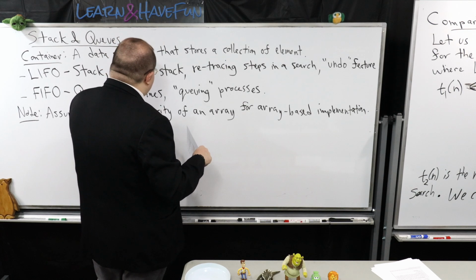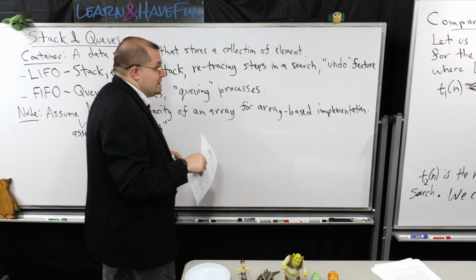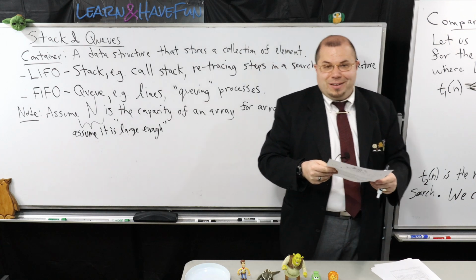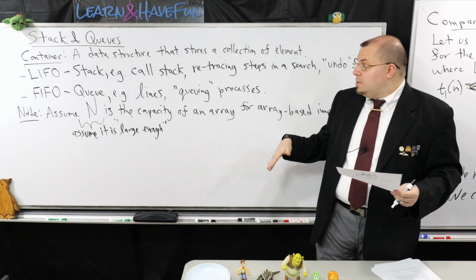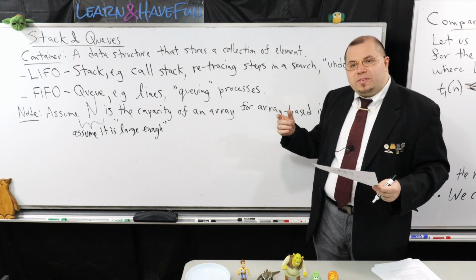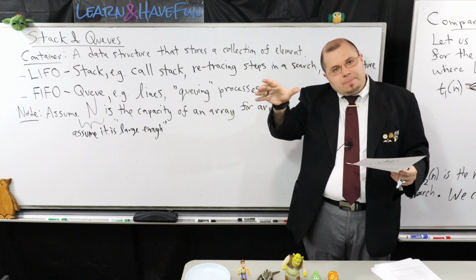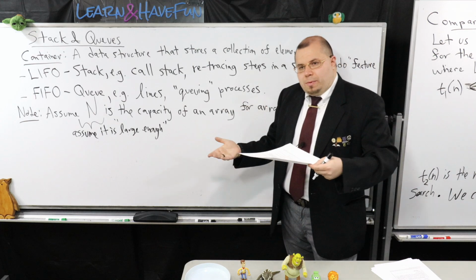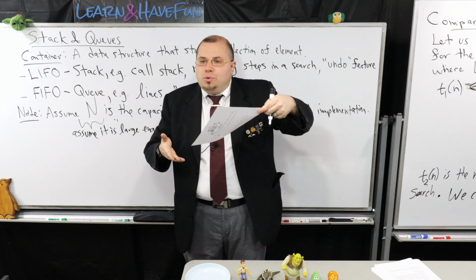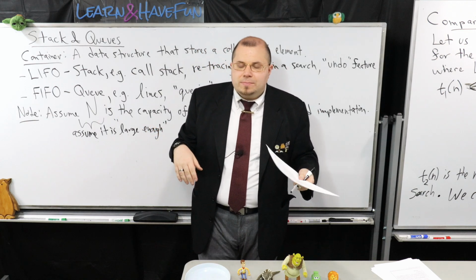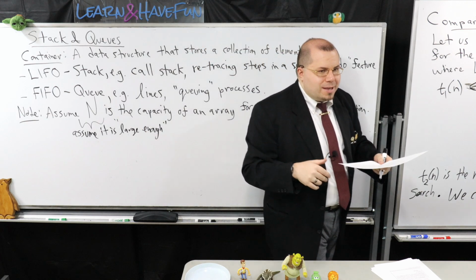In practice, you normally try to make sure that this capital N is big enough so you can fit everything you need into the data structure. But if you can't, one thing I do want to make a note of is you can always take a given array and create a new array and copy all of the elements of your array, put them into the new longer array. I'll talk more about that as we come along.